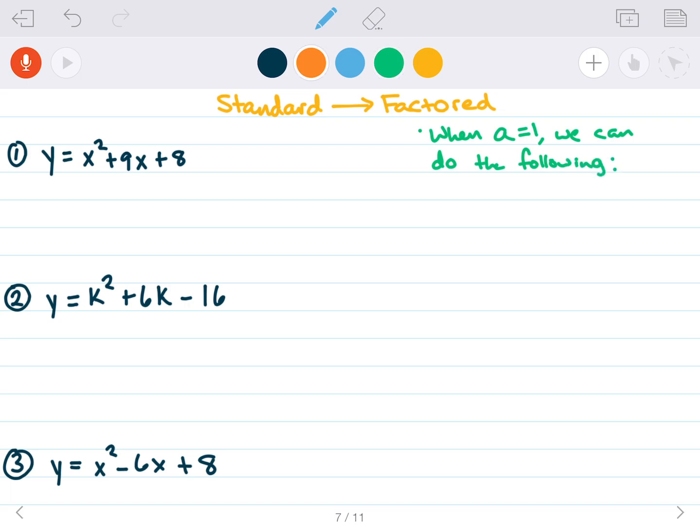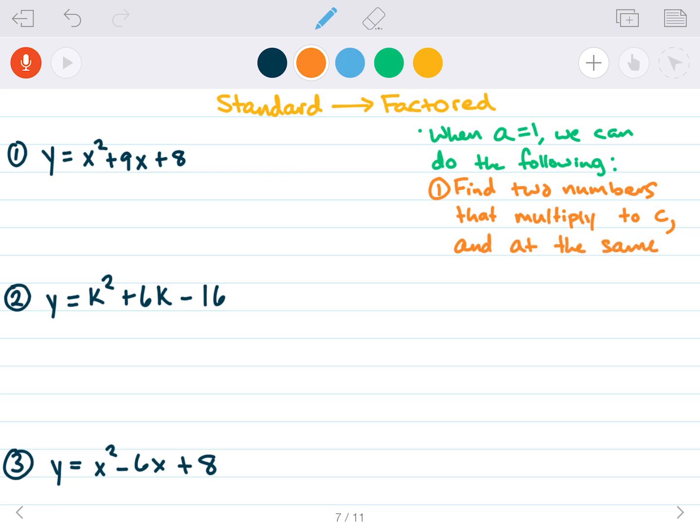What we want to do is find two numbers that multiply to c, and at the same time add to give us b. Okay, so this is the little trick for how we can put quadratic equations in factored form if a is 1.